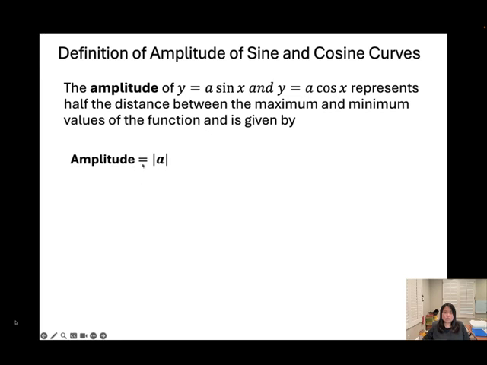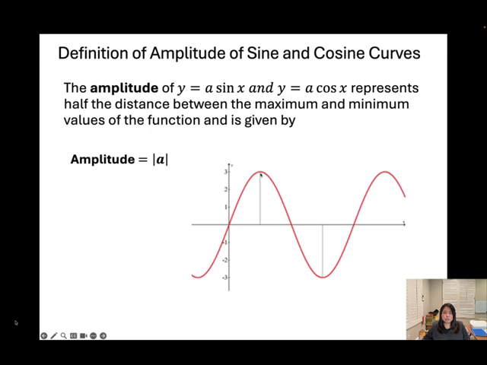And then amplitude is always positive. That's why we're going to put the absolute value here. So when you look at the graph, you can see that here would be your amplitude. Here also amplitude. So from this picture, your amplitude should be equal to 3. A equal to 3 here.